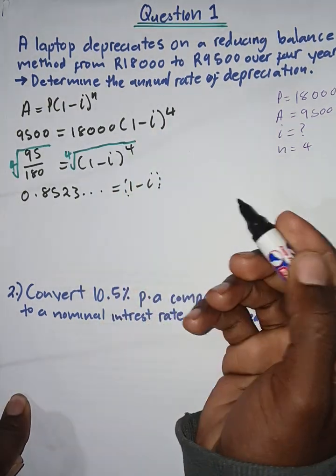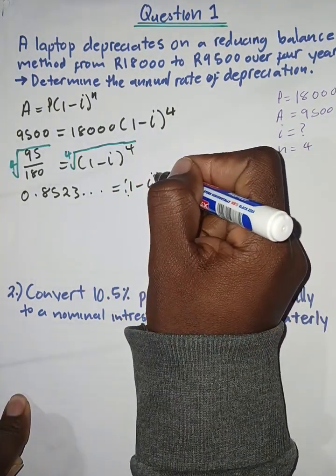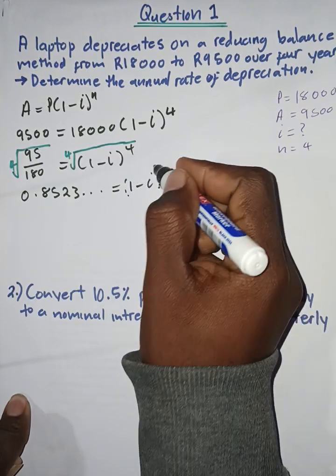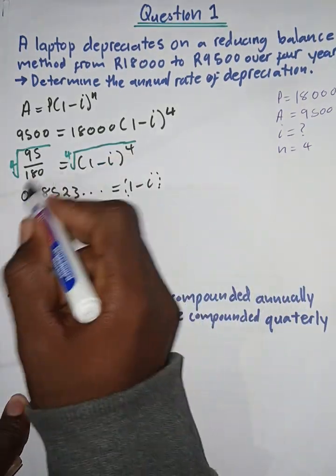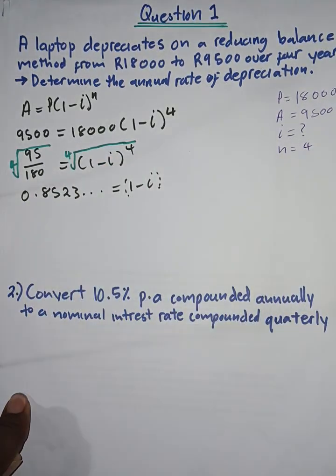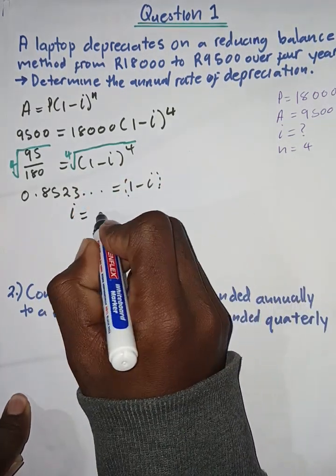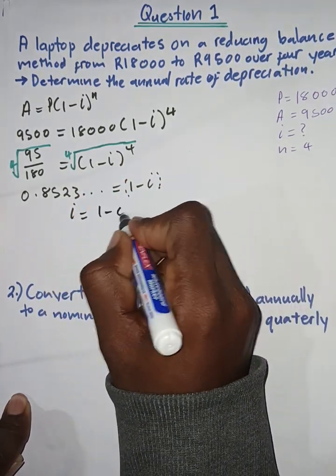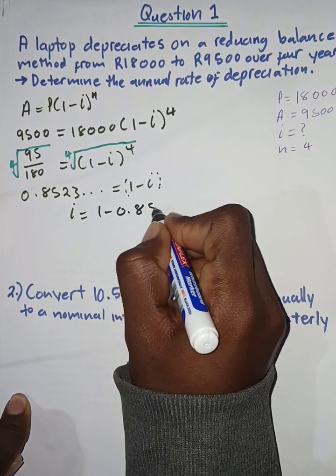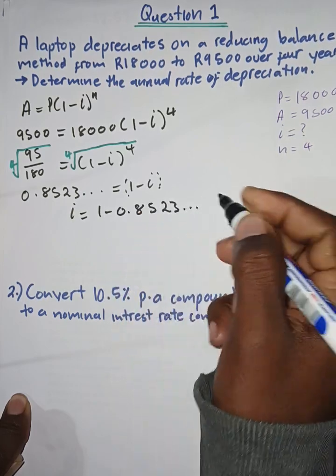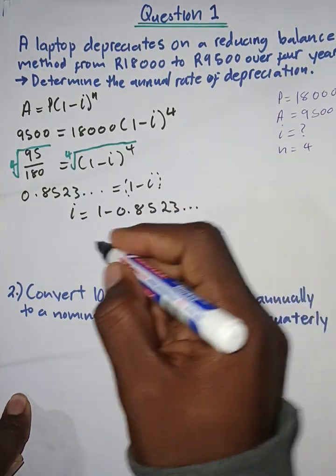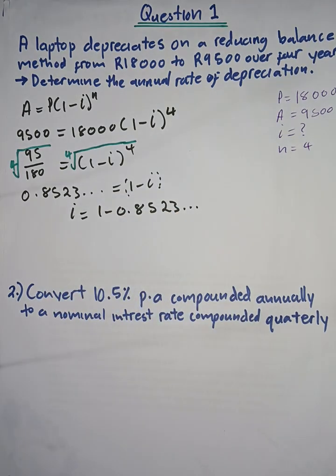Now, what you would do here would be to transpose this i to the other side, and you would take 0.8523 to that side. So i would be 1 minus 0.8523 and some other decimals. But remember, i is interest.